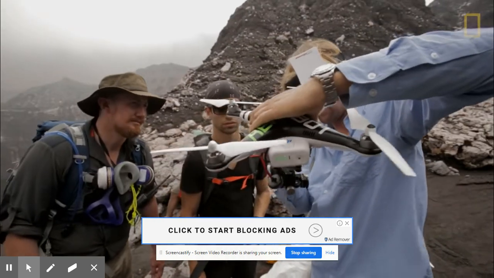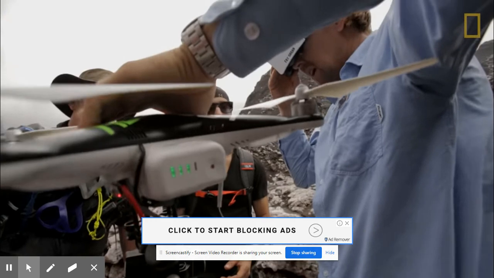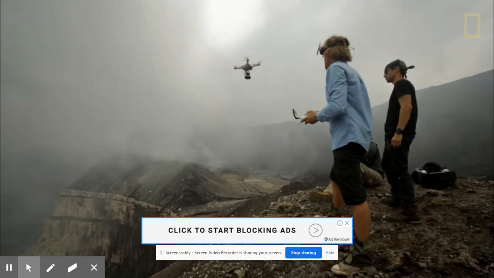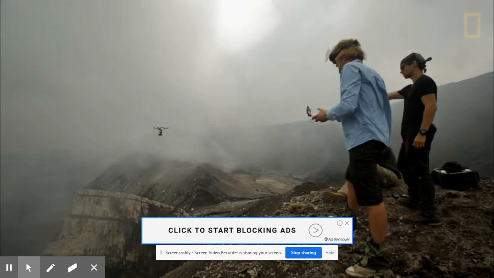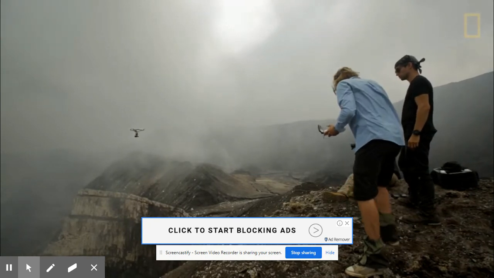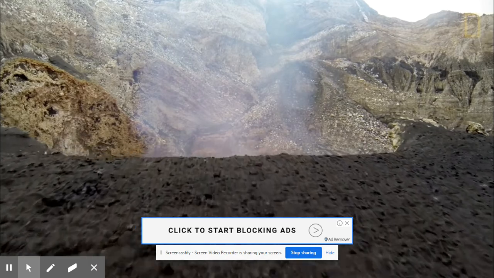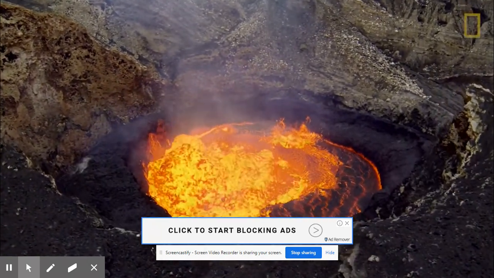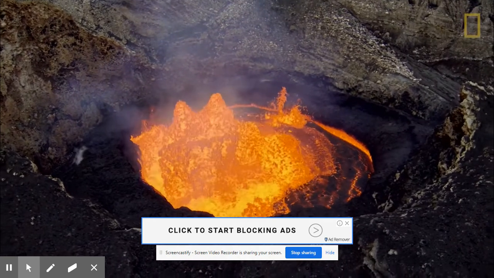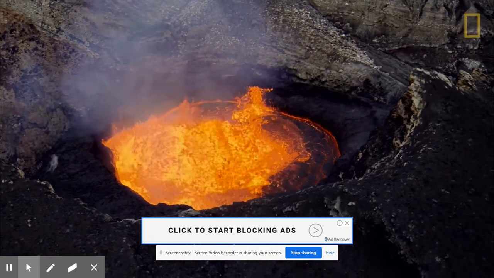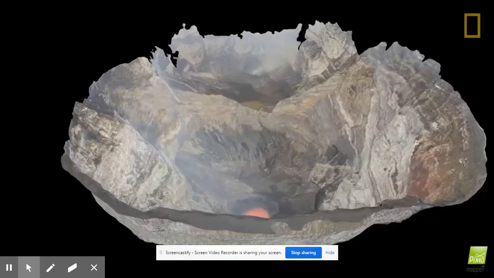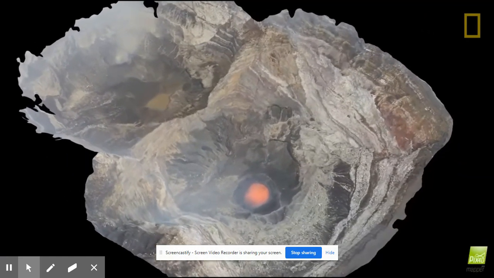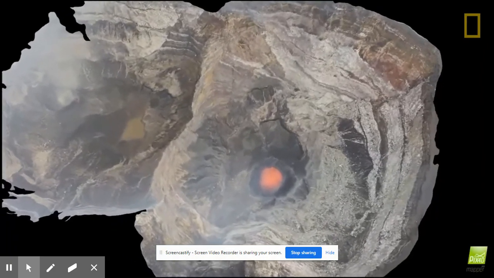The drone that we used is called the Phantom 2 Vision Plus. We had also GoPros mounted onto these particular drones with gimbaled devices so that no matter how much they shook, the video remained stable. We were able to take a series of thousands of photographs around the top of the crater and then process those using a specialized software to render the first of its kind 3D model of the volcano from inside.